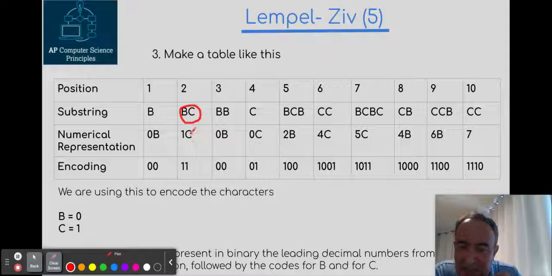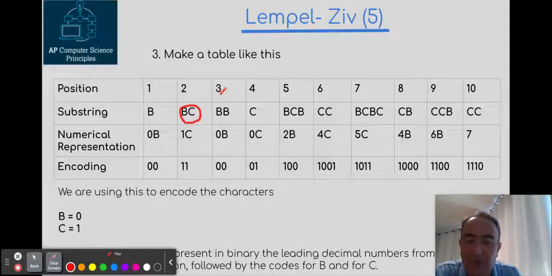Good numerical representation for this is I take character B here and replace it with the position of the unique character B that I had before. So that's number 1 for you. And then I can append capital C here. So a numerical representation of this would be 1C, okay?